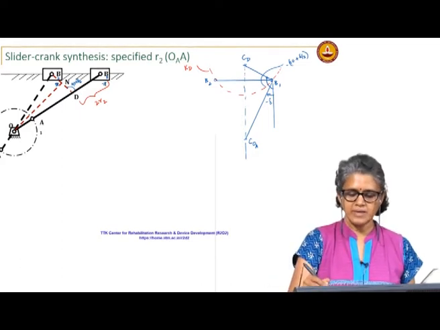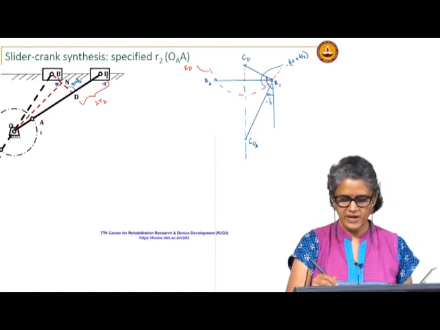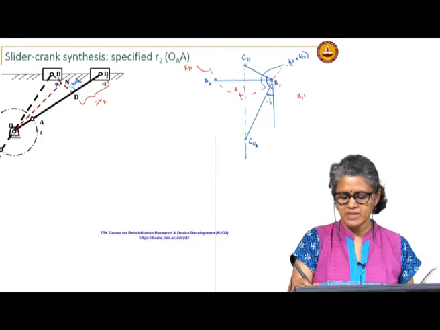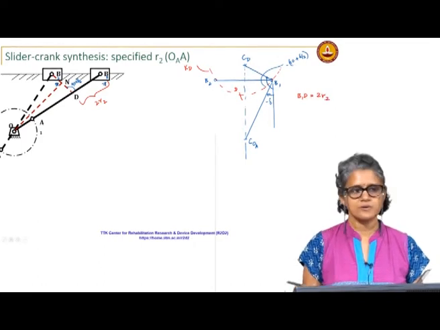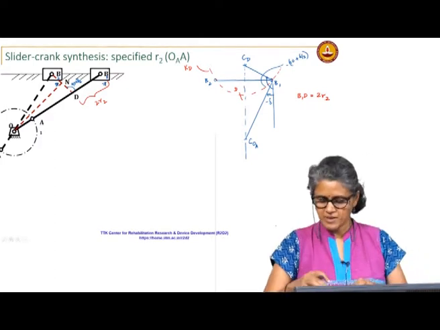So from B I cut an arc to find this point D, such that B1D equal to 2R2.